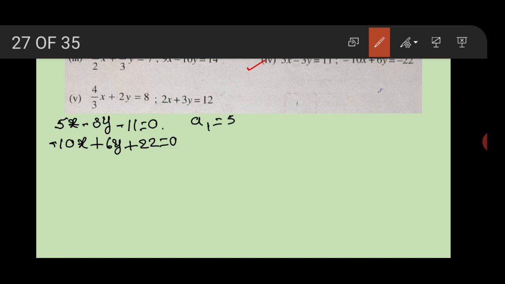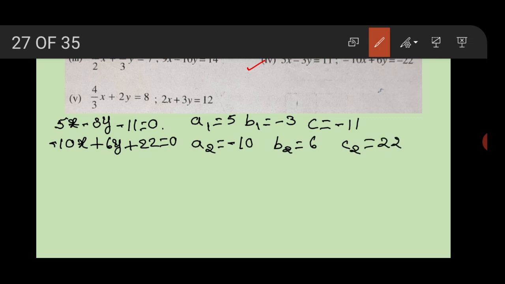It becomes 5x minus 3y minus 11 is equal to 0, then minus 10x plus 6y plus 22 is equal to 0. So a1 is 5, b1 is minus 3, c1 is equal to minus 11, a2 is equal to minus 10, b2 is equal to 6, and c2 is equal to 22.